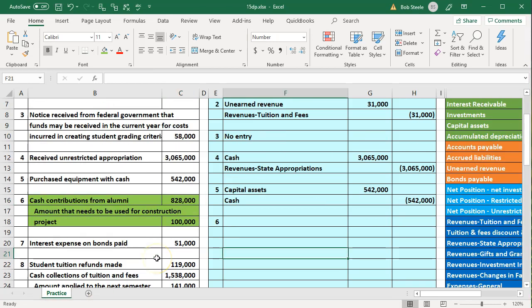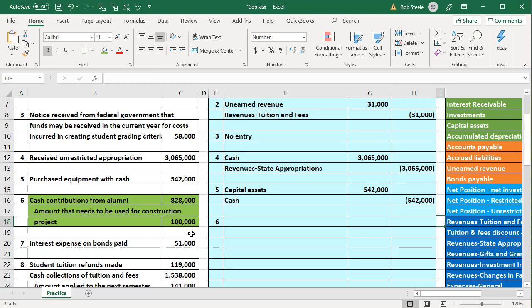Now, as we record this, it will be a little bit different than what we look for other not-for-profit organizations, including the non-public school, because we will be looking at this $100,000 that will be restricted, but we're going to do that when we close out the temporary accounts to the net position process. So here, we're going to record it just as we would.